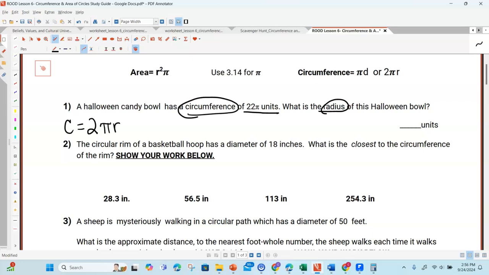I'm going to put 22 pi equals 2 pi r. I need to isolate the r, so I'm going to divide both sides by 2 pi. The pi's cancel out, and 22 divided by 2 gives us 11 equals r, 11 units.